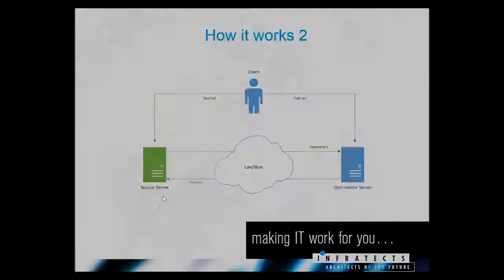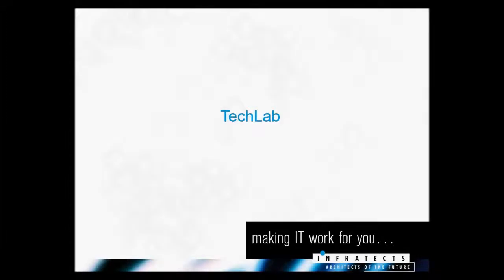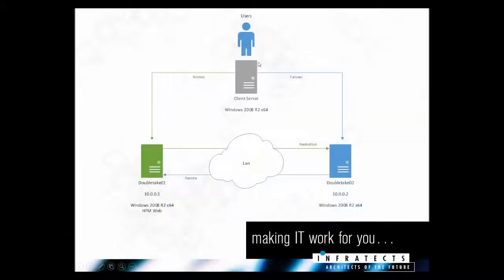So this is our environment, and what you will see is that currently this is the primary running server, and when we actually perform a failover, the Double-Take software will power off the primary server, and it will reboot this server and bring it back on as a copy of this one.